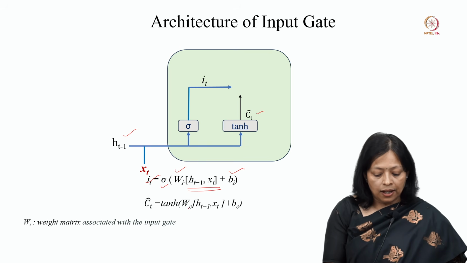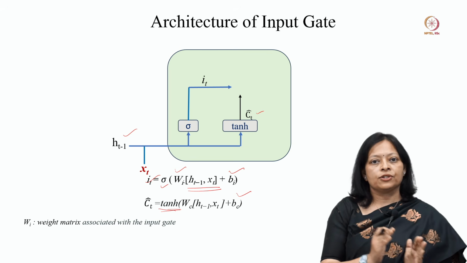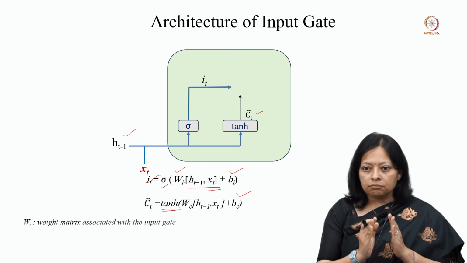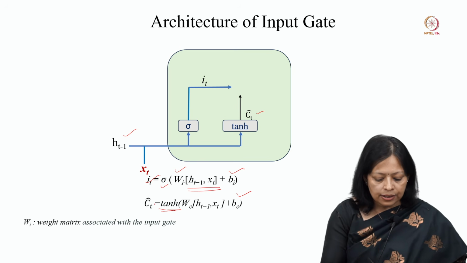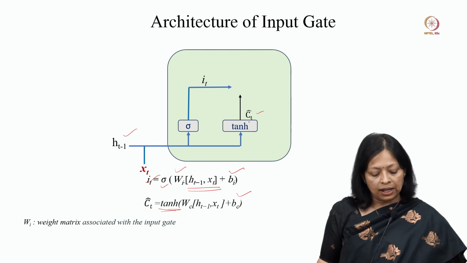Ct hat is the concatenation of ht minus 1 and xt, multiplied with the weight matrix Wc and added with the bias term Bc, and then it is passed through tanh. Tanh always squashes the values between -1 and +1, so it brings the values into a manageable range. So, the value of Ct hat lies between -1 and +1.